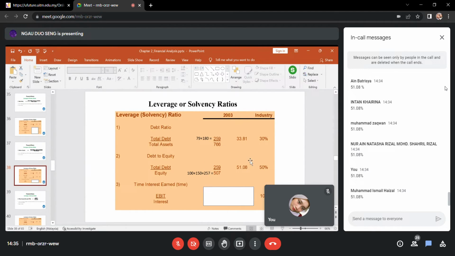So we have 51.08% as compared to the industry, which is also higher, but only a bit higher, an extra 1.08%. But if you want to say, then it's not good.